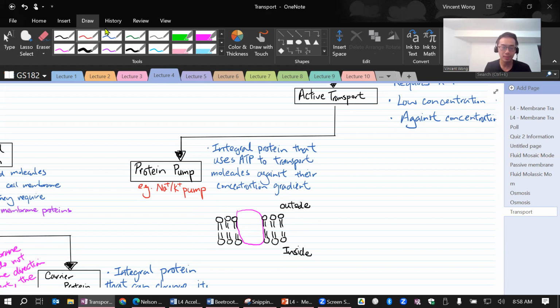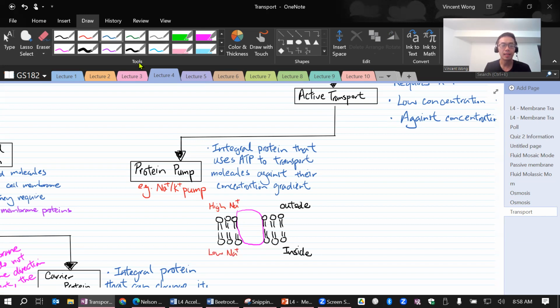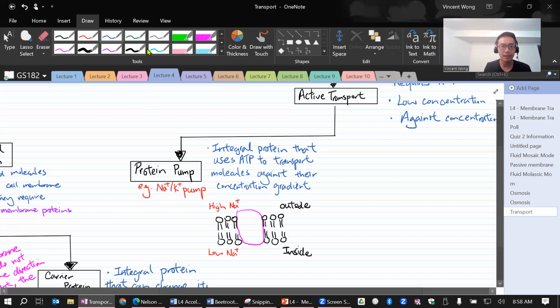And again, you just have to believe me. In order for the nerve cells to function properly, you have to have high sodium on the outside and low sodium on the inside. And conversely, you need to have low potassium on the outside and high potassium on the inside.